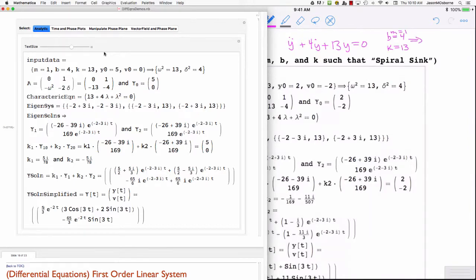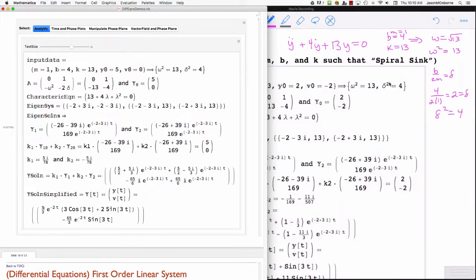That leads us to omega being the square root of 13, so omega squared is equal to 13, and b over 2m is equal to delta, so b was 4 over 2 times 1, which led us to delta equal to 2, so delta squared is equal to 4. And that's what the code here is reminding us of.